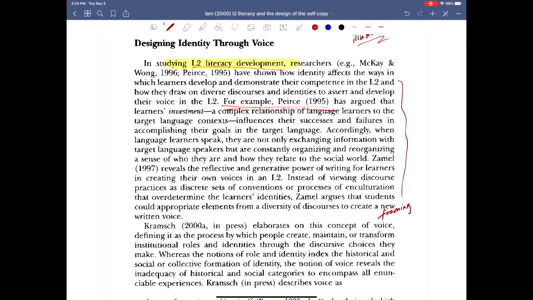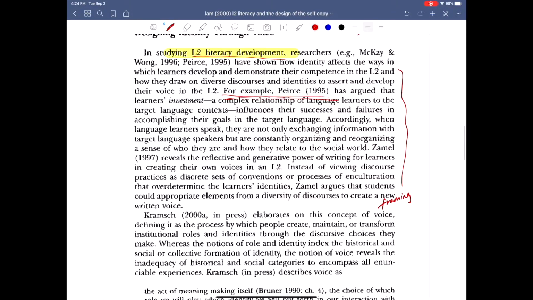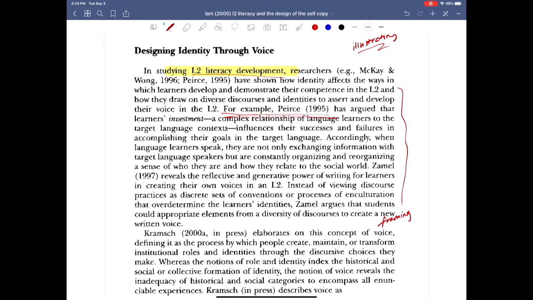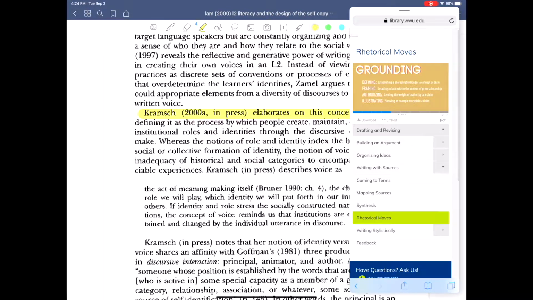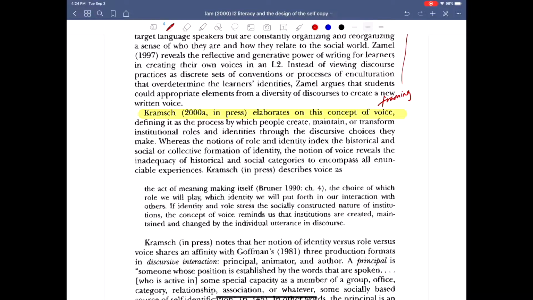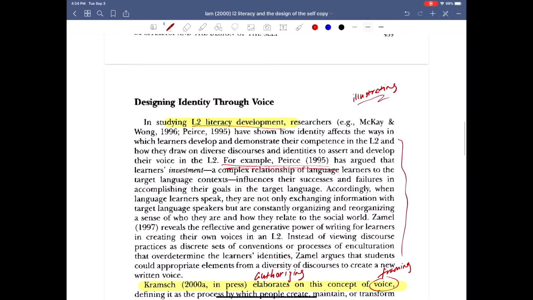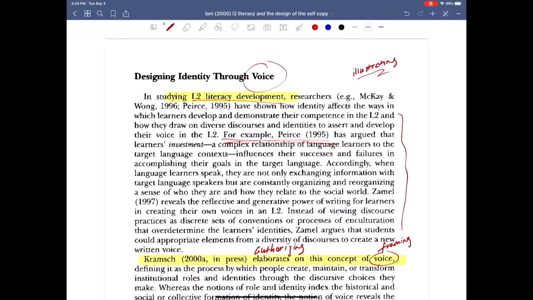I think here we can probably sense that she is about to do some authorizing, just because she's going to talk about voice, and that's a good way of hinting. I think they definitely do talk about voices up here as well, but here she is framing, authorizing, and also defining her particular way of looking at voice as what Kramsch uses.